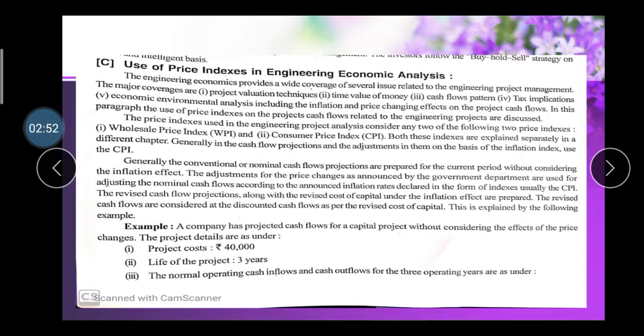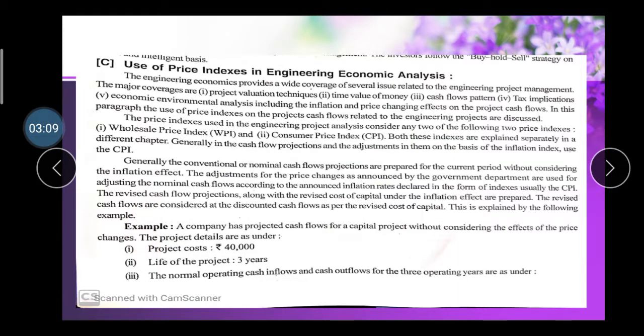So the revised cash flow projection, along with the revised cost of capital under the inflation effect, is prepared. The revised cash flow is considered as the discounted cash flow as per the revised cost of capital. So it is explained as below.